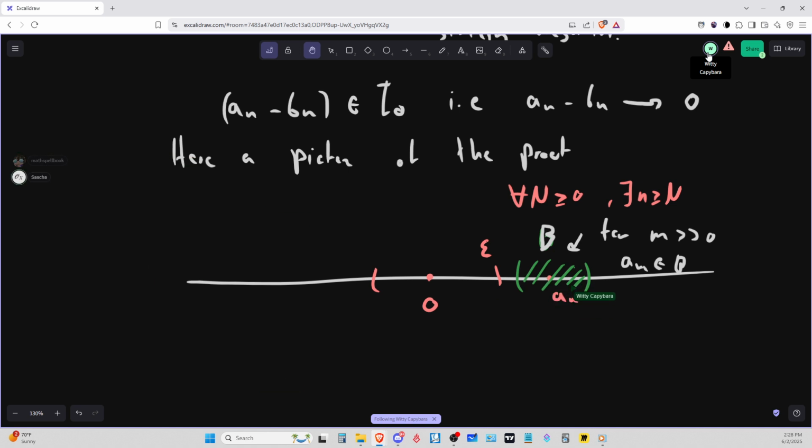Even if almost every term of the sequence is stuck inside of this green ball, we still have to deal with the first terms, which could be way outside of the radius. a_1 could be there, a_2 could be there, a_3 could be chilling inside of this forbidden zone. Those are the things we have to take care of.